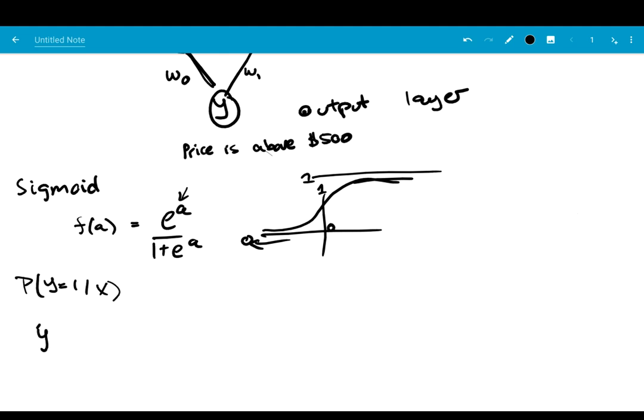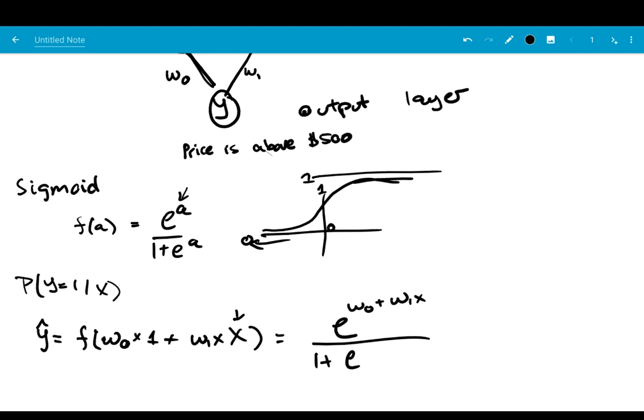So what I'm suggesting is that y hat is the function f, the sigmoid function, of our input layers times their weights. These little x's are multiplication, and the big X is the predictor. So this is going to be equal to e to the w naught plus w1x over 1 plus e to the w naught plus w1x.